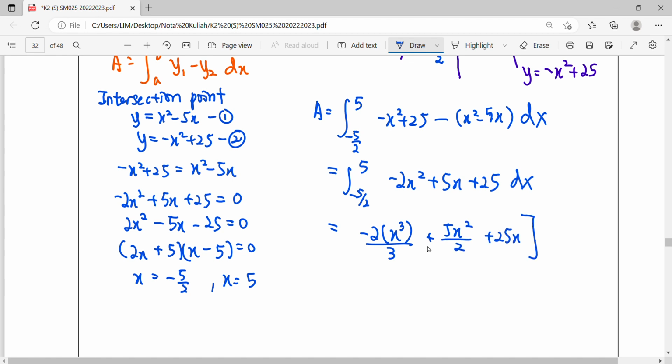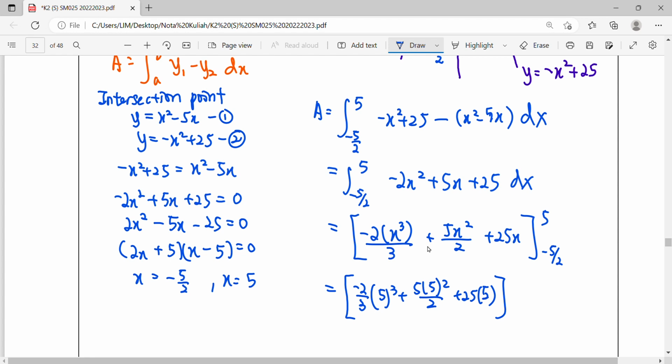Put in brackets, upper limit 5, lower limit negative 5 over 2. Then again, substitute upper limit minus lower limit. Minus lower limit.